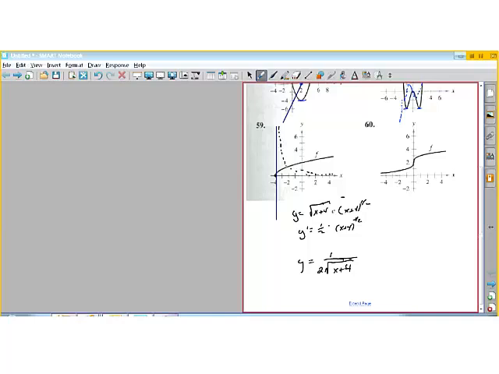Okay, and then this one, we actually saw that in a problem. What's happening here is that the slope is positive, and then it goes to infinity right here, and then it still is infinity on this side. I mean, it goes to infinity, and then it goes back to 0.